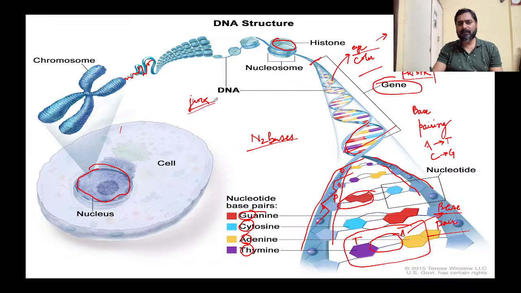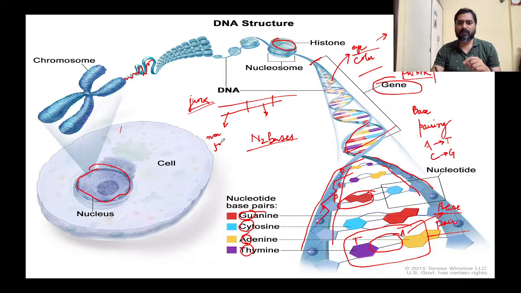Even on this there are debates, whether anything can be junk inside our body. Functionalists believe that we have not discovered the function of this junk DNA, but that they have some purpose which we will discover sometime later. But as of now, what we understand is that genes are the functional sections. So if this is your DNA, you will see some portions which are functional, and you will see some portions which are non-functional.